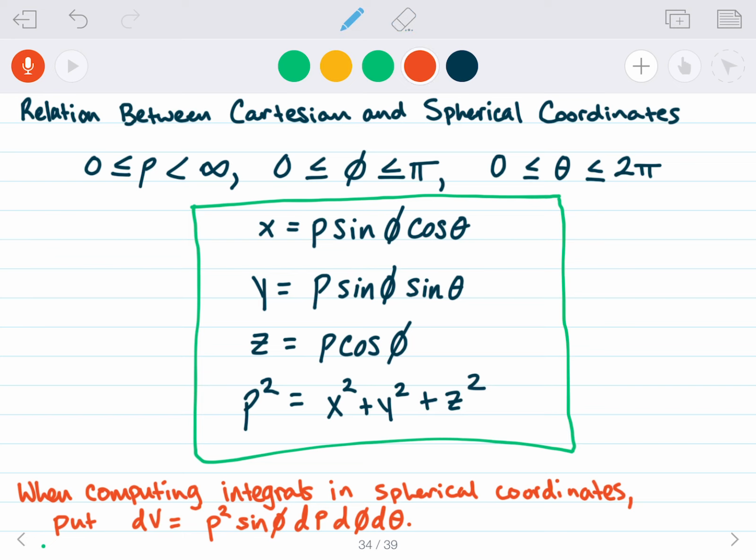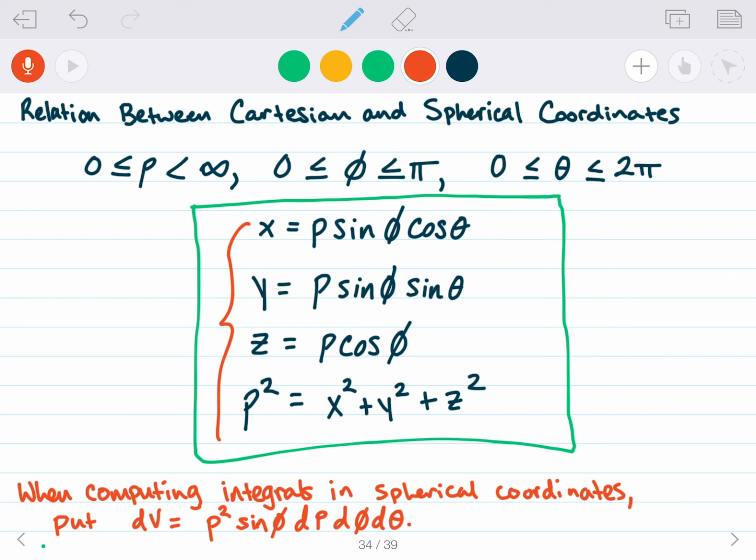I'm not going to really go into detail why these identities work, just because it might not be necessary. If you're interested in the relationship between the Cartesian and spherical coordinates, like deriving these formulas, you should explore that. But I'm just going to give you these identities for now.